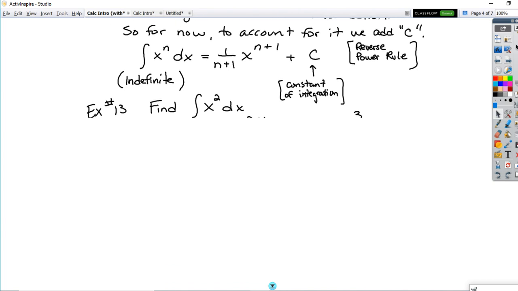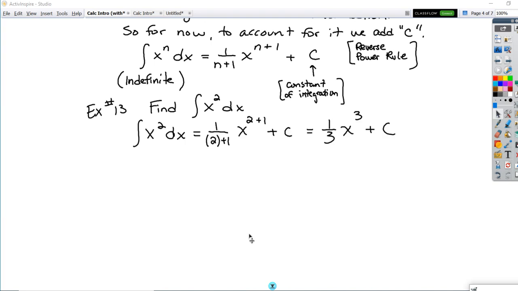That is essentially saying what is the area under the x squared graph. And so for that, we're going to use the inverse power rule. Our power is 2, so it's 1 over 2 plus 1, which is a third, times x to the 2 plus 1, which is x cubed, plus c.